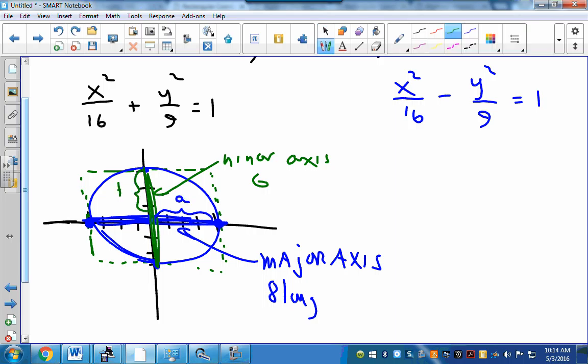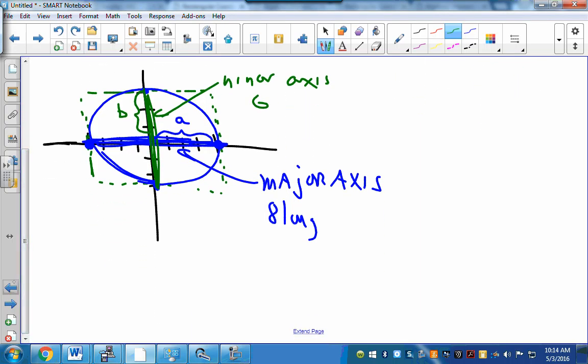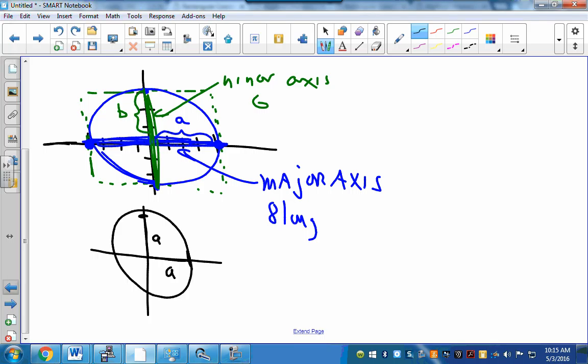You can sort of think of these as the radius of a circle. Now that sounds a little weird because this is not a circle. But let's suppose just for a second we had a circle centered at the origin, and we went a certain distance out, called it A, and we went the same distance out, A. Isn't that a circle?